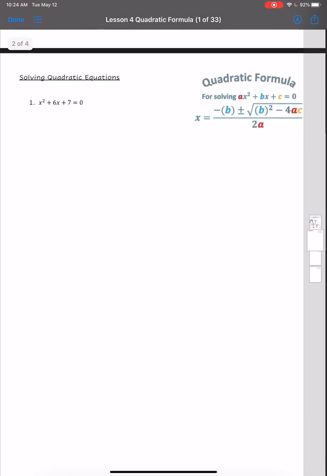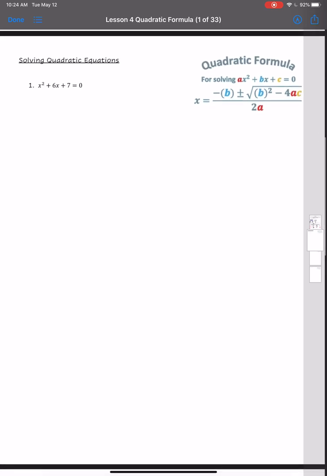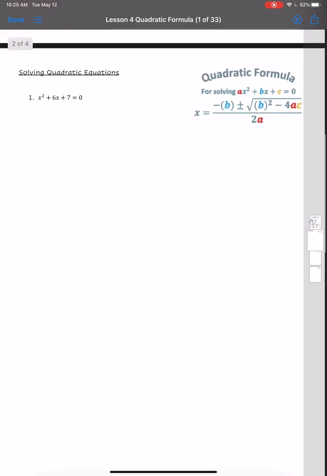We're going to use the quadratic formula. You know, it's definitely possible for you to use other methods. At some point, you're going to use factoring and completing the square, but I'm going to stick to the quadratic formula for now, just for the sake of certain types of questions.